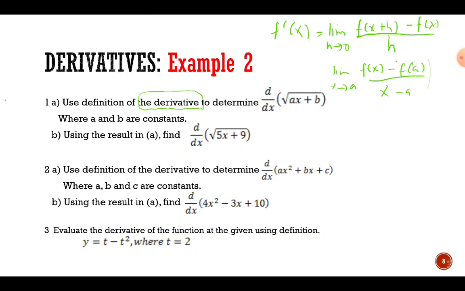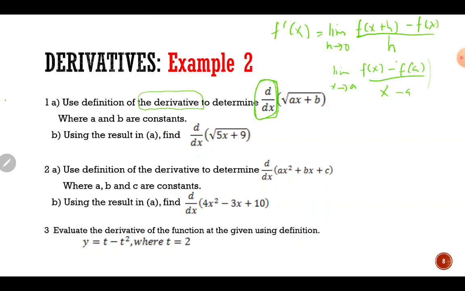Untuk example ni kita try example 1a here. Use definition of the derivative to determine d dx, ni maksudnya adalah the derivative. Okay, pembezaan.